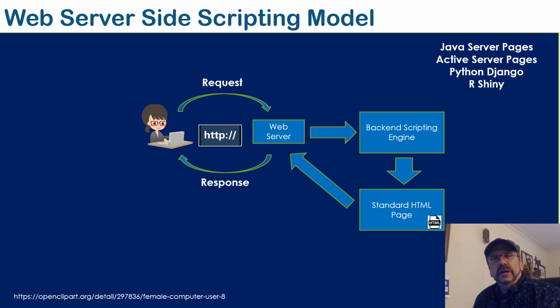So maybe you asked to see a catalog of certain products, and you filtered it a certain way. So a Java program might run, filter stuff, pull it out of a database, get the results, then put it through some other process where it generates an HTML document and then sends it back to the client. And so that's a request response type model.